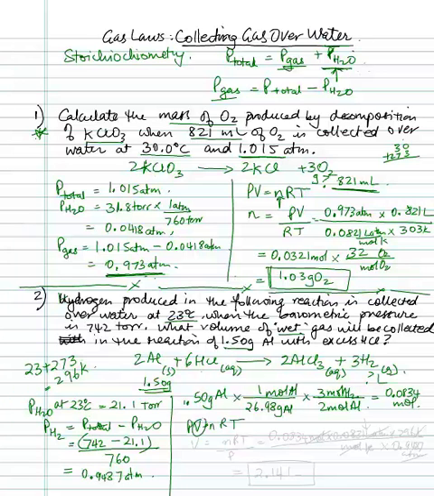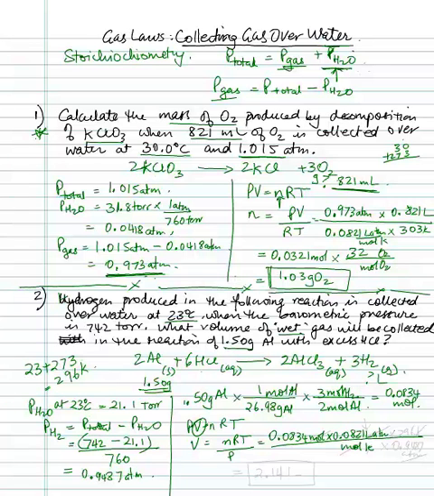Now again, PV is equal to nRT. We have to calculate the volume, so V is equal to nRT over P. Okay, and so then our moles is 0.0834 moles, times 0.0821 liters atmosphere per mole Kelvin. You must be tired of this now, or you have memorized it by now.